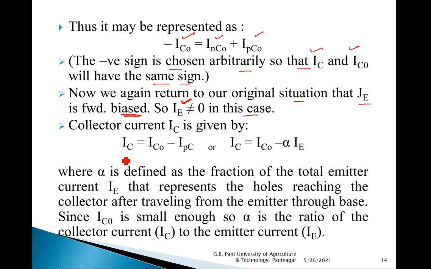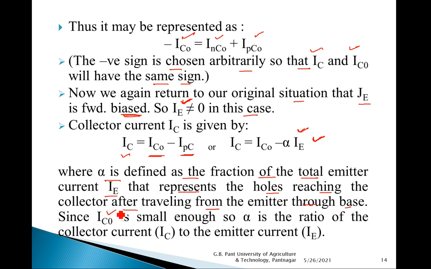So now this collector current IC will be equal to ICO minus IPC, or simply if you replace this IPC by this term alpha IE, this equation will change to IC equals ICO minus alpha IE. Where alpha is defined as the fraction of the total emitter current IE that represents the holes reaching the collector after traveling from the emitter through the base.